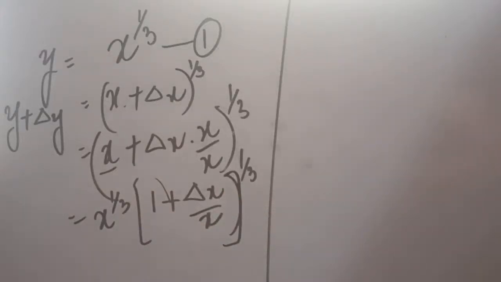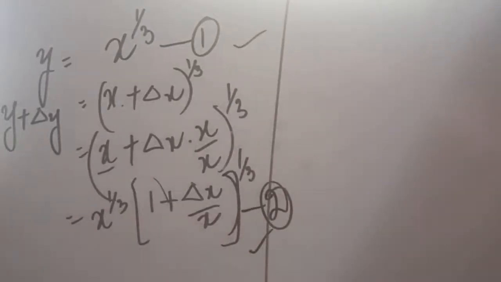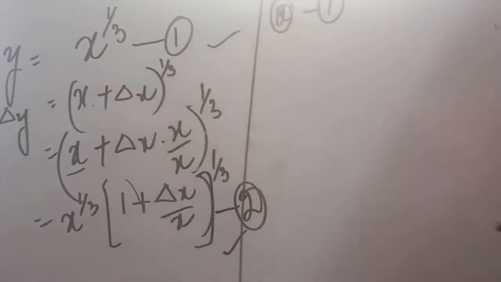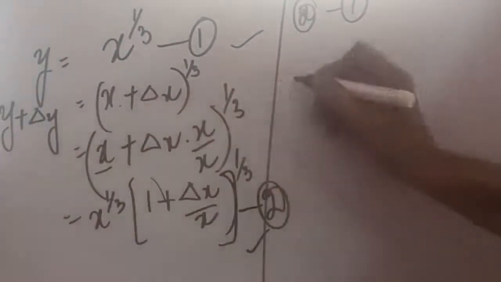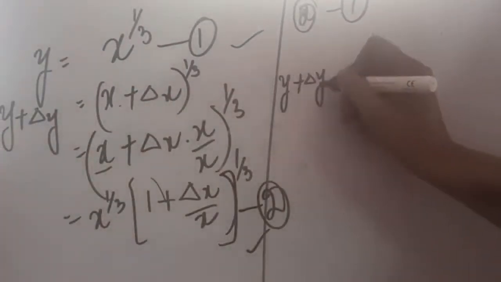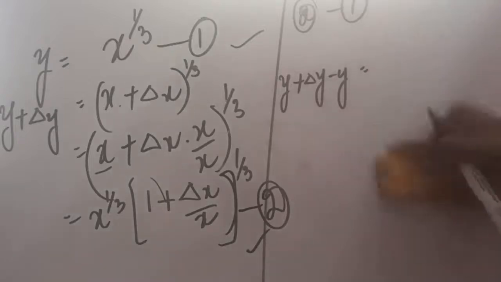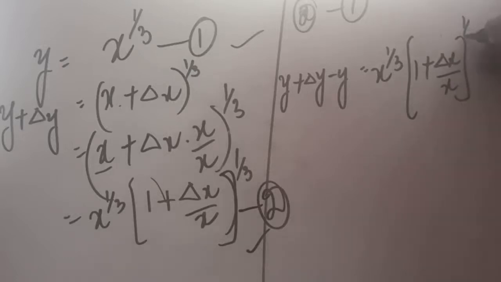Now moving ahead, as we have seen, our first step is okay. This becomes our second step. Now our third step is we have to do 2 minus 1, as we have seen in all the questions. So from the second, y plus delta y, minus y, which is the first, and on the right hand side, x power 1 by 3 times (1 plus delta x upon x) power 1 by 3, minus x power 1 by 3, which is our main.